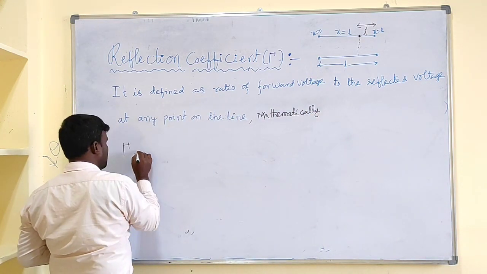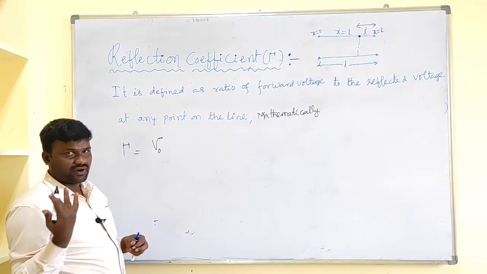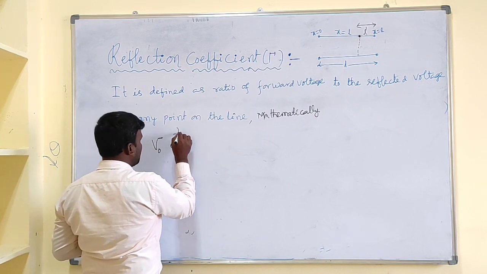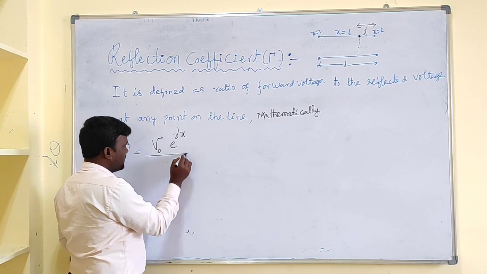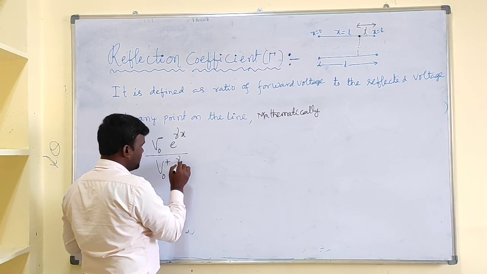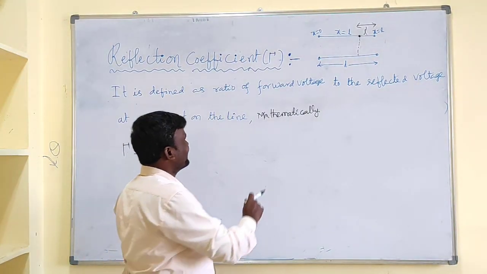as reflected voltage, V0 minus, the backward wave, plus meaning the forward wave. V0 minus e to the power gamma x is the voltage at any point for the reflected voltage, and for the incident voltage it is given by V0 plus e to the power minus gamma x. Actually, I wrote the definition in reverse.